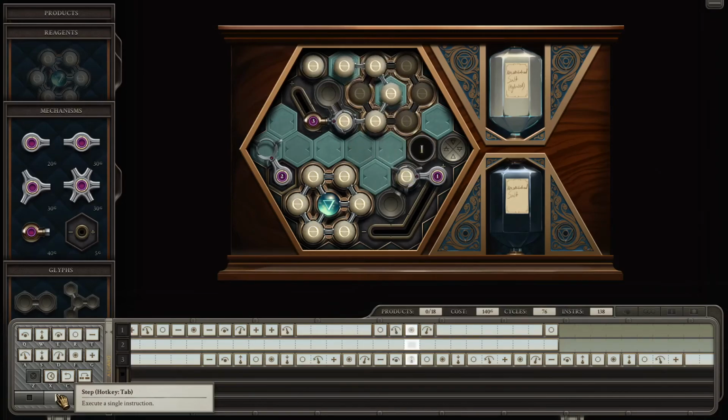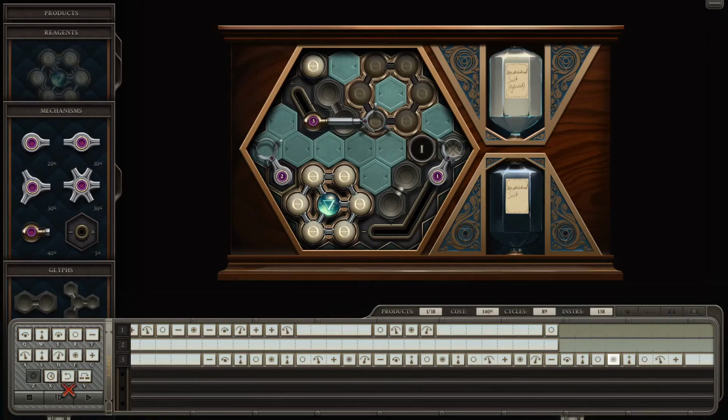Sweet. Sweet. Good stuff. Looking great. Looking perfect. You made a product. Then, while you loop back around, you do this portion of your work.